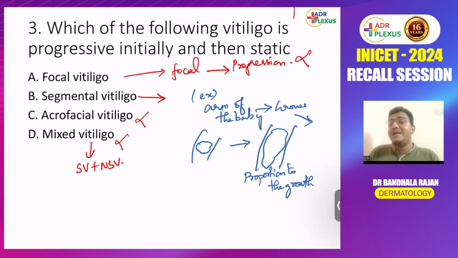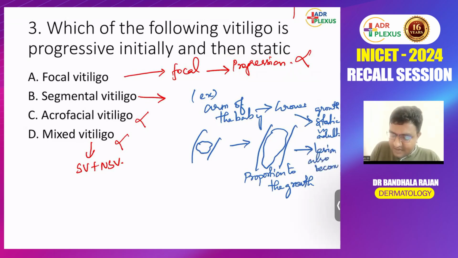When the size becomes normal, the same size, it will become static. Growth becomes static in adults. So the segmental lesion also becomes static.